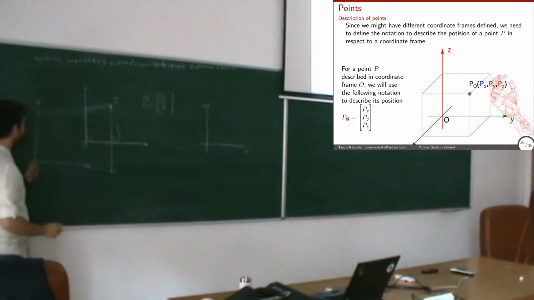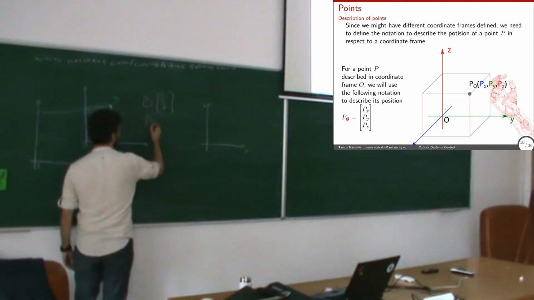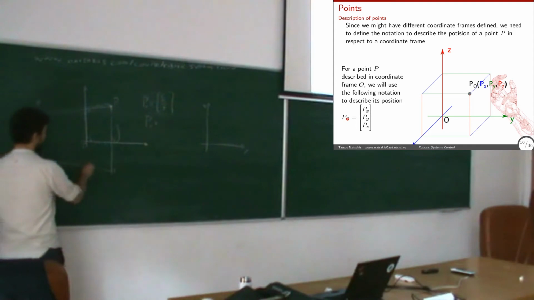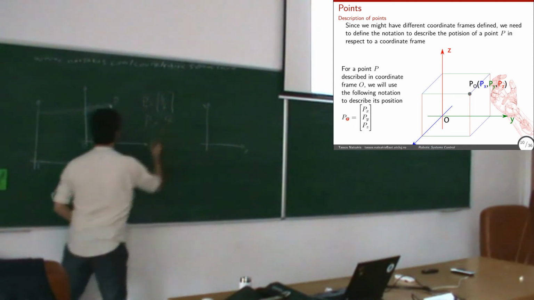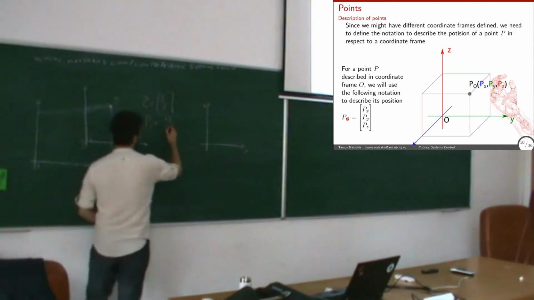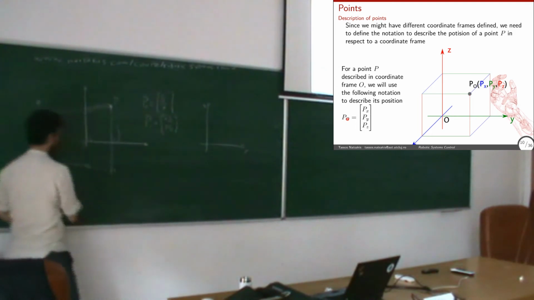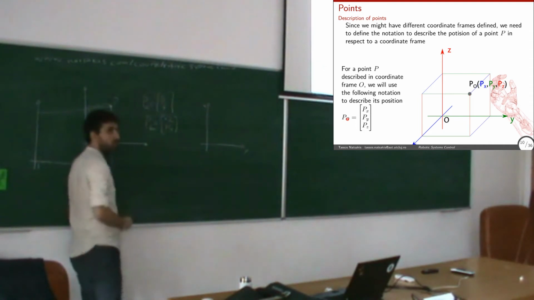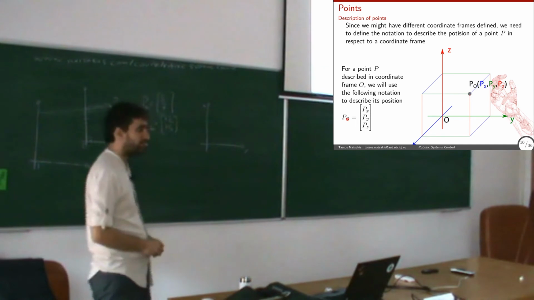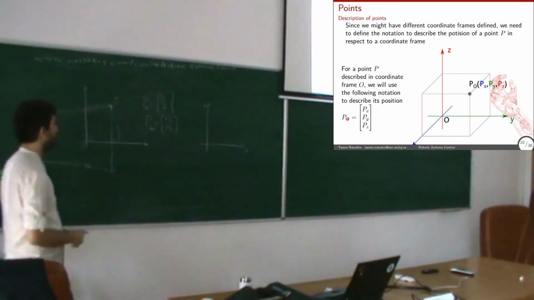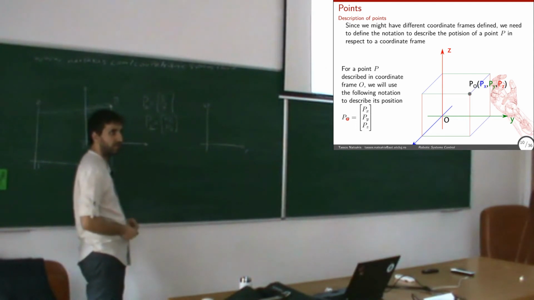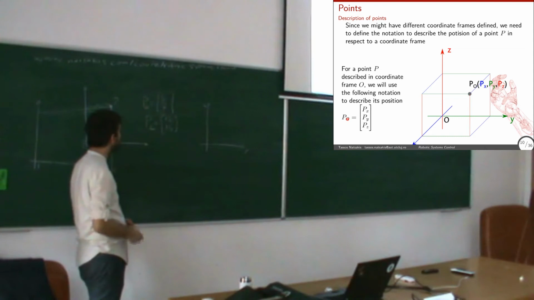But the same point in this frame, P1, so the same point P, but in frame 1, has, I don't know, 12 and 15, whatever. Okay? So the notation is this thing here, which shows me in which frame I am, which frame these coordinates belong to. Okay, clear? Good.